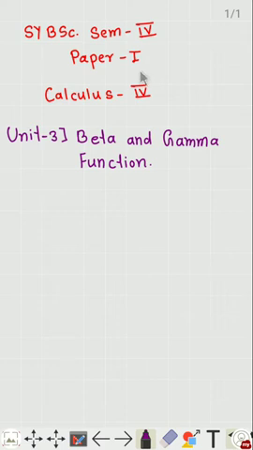Beta and gamma integrals are also used in double integrals, Fourier transform and Laplace transform. So first of all we define what is meant by gamma function or gamma integral.